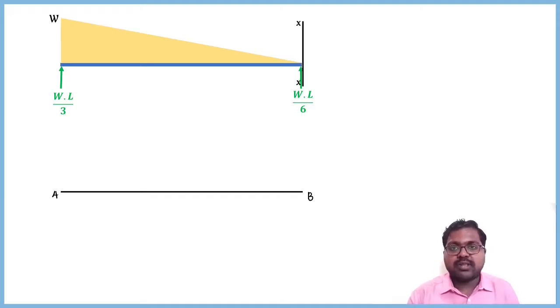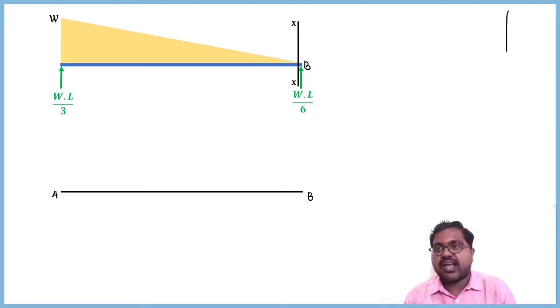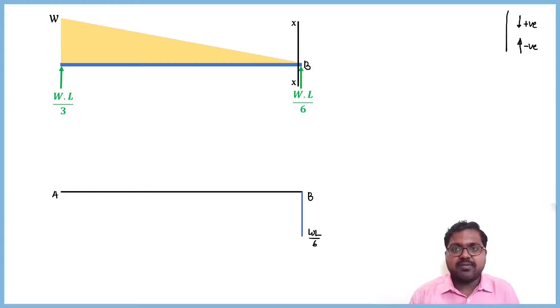First I am moving the section just left to B, and here we are having WL by 6 value, and from sign conventions, right upward is negative and right downward is positive. So this is acting upwards, right side upward, so minus WL by 6, that is below the baseline.